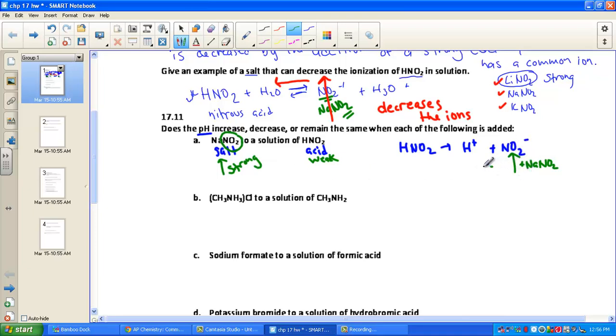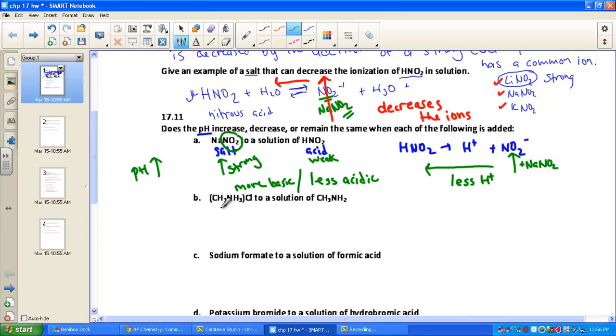The addition of a common ion forces the equilibrium left, and if I go left, we have less hydrogen ion in solution, so it becomes less acidic, or you can also call that more basic. Removal of hydrogen ion makes the solution become less acidic or more basic. The pH increases. It goes up on the number line, moving away from the acid range towards the base range.